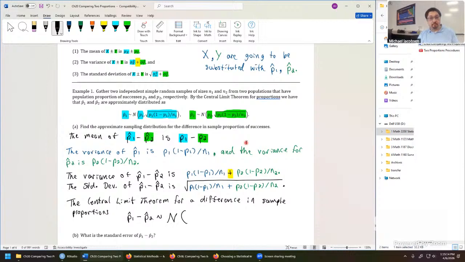So we'll have to have some good information when we do a confidence interval or hypothesis test to tell us when that's a good approximation. But what we put in next is just the mean, P1 minus P2. So go P1 minus P2.